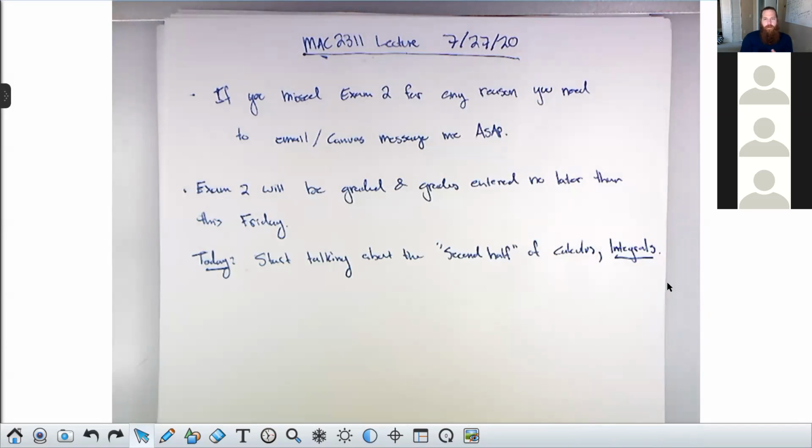But really it's two sides of the same coin, or it's walking one direction on a ladder versus the other direction on a ladder.